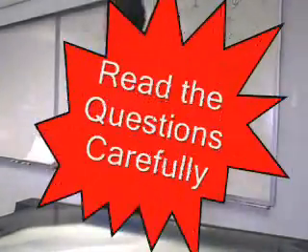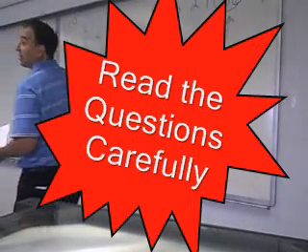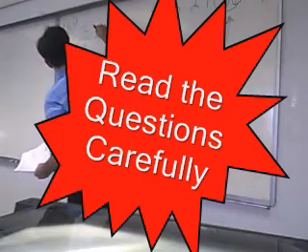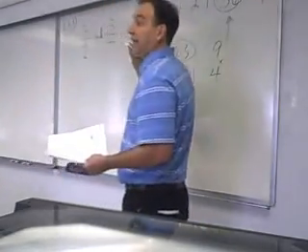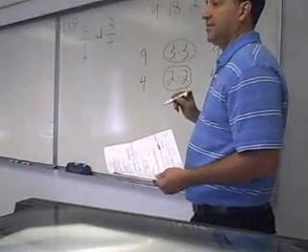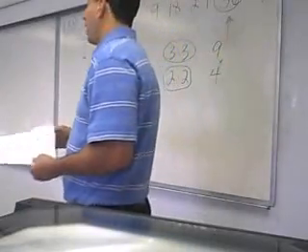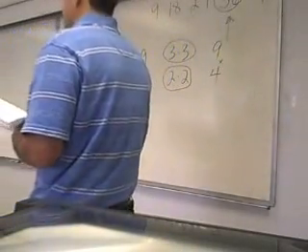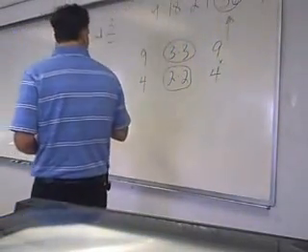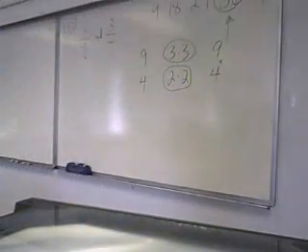You have to read the questions carefully. If you just ask for the lowest common denominator, and a little clue in there is they had the word "and." It wasn't a math operator, it was just saying. That's what they get confused by also. Yeah, they convert it. I understand. That's why we go over it and over it and over it. When you see LCDs, just get the denominator.